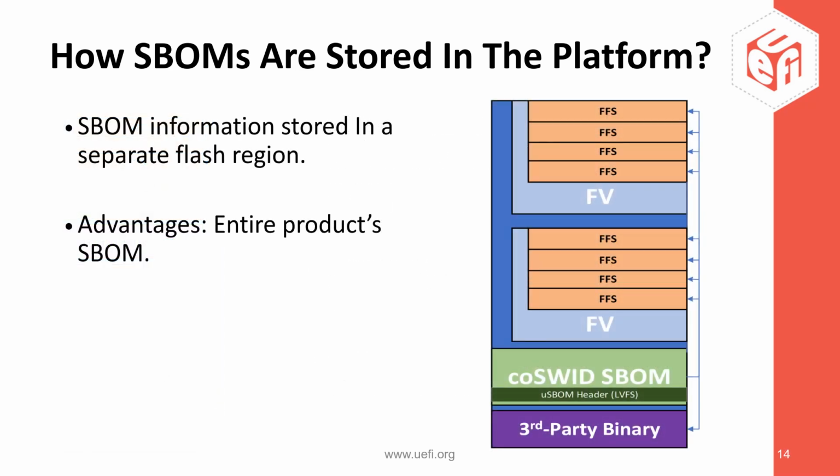Another option is where the SBOMs are stored separately entirely, in another flash region that just contains SBOM information. Now, I'm going to point out something I haven't mentioned so far. I'm using the word CoSWID in these diagrams a lot. SWID is a very common SBOM format, and it's normally ASCII text.